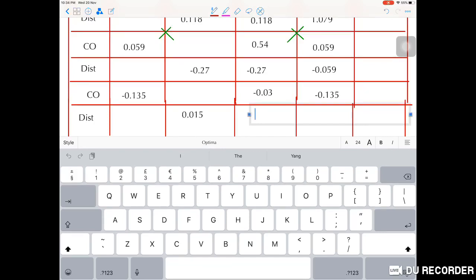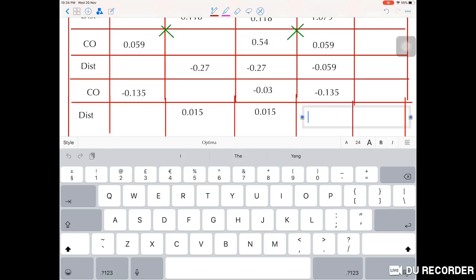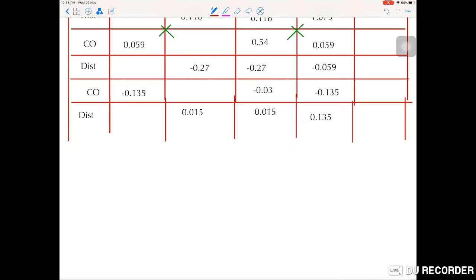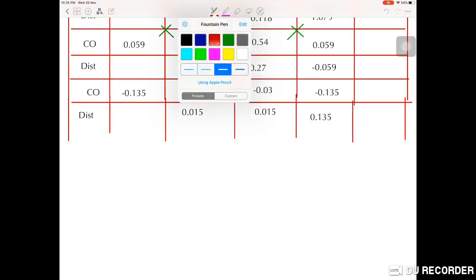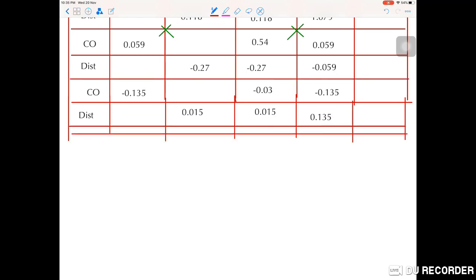It is 0.015, and negative 0.135 times 1 is 0.135. So this will be the last distribution, and now it's the time to find the total moment.